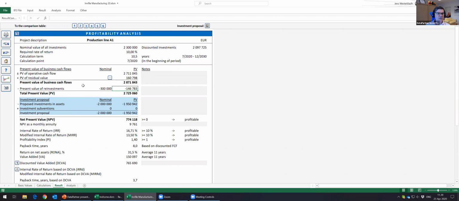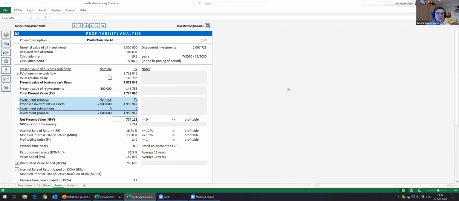So it shows up here. It's part of the business that you need to keep it running. And then this is the total present value, and then you deduct the present value of investments, and then you arrive at the net present value, 774,118 euros.